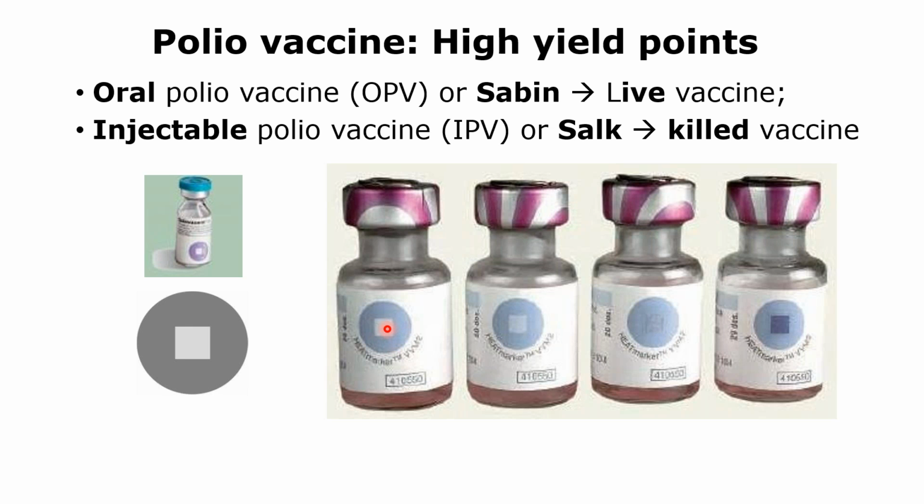If the inside square is lighter in color compared to the outside circle, as in the first two vials here, then you can use this vaccine. But if the color of the inside square is the same or darker than the outside circle, you cannot use this vaccine. It needs to be discarded even if the expiry date has not been reached.